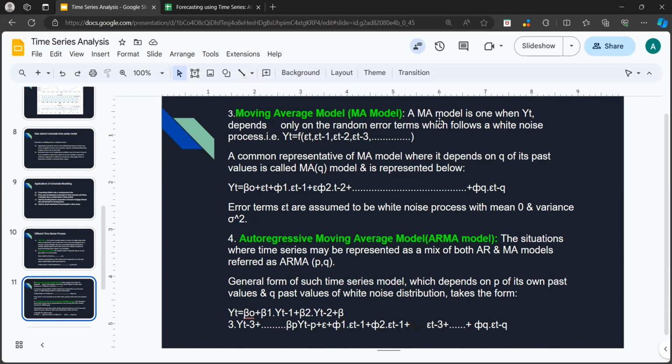Its last term will be phi q epsilon_{t-q}. This is how the process in the model will go.